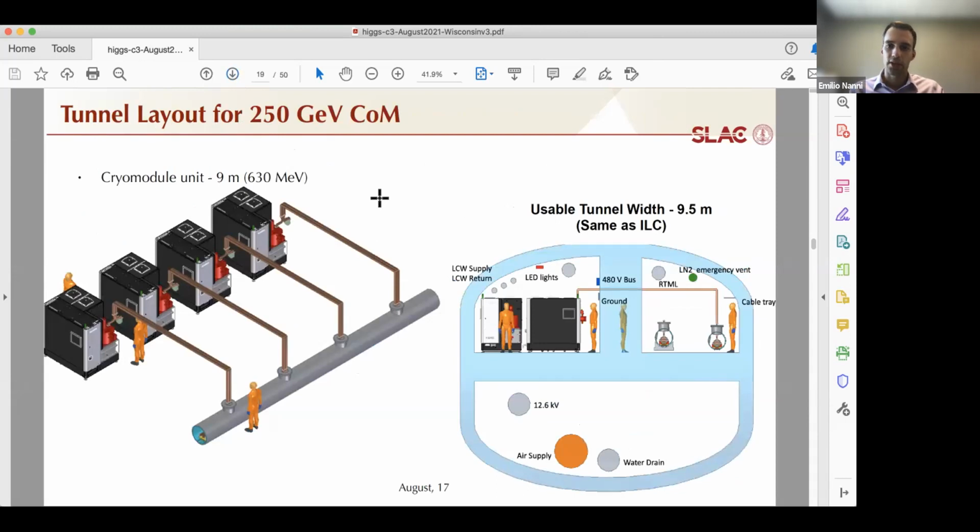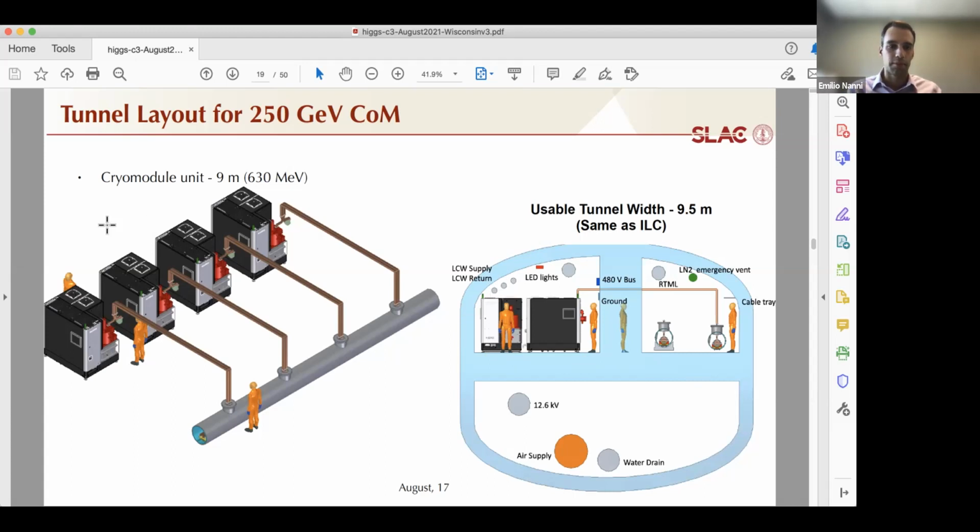So getting a little bit into the machine design itself, one of the important questions we got recently was, does this really fit into an appropriate tunnel size? Since we're using the ILC as the source of some of our costing inputs, we decided to utilize their tunnel profile in order to study how you could construct the main LINAC.